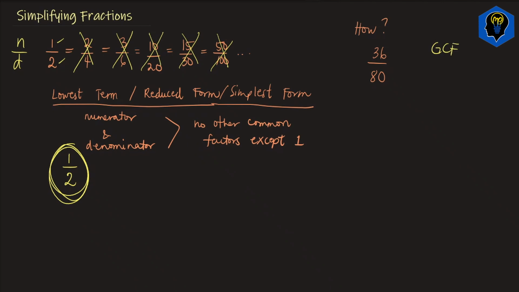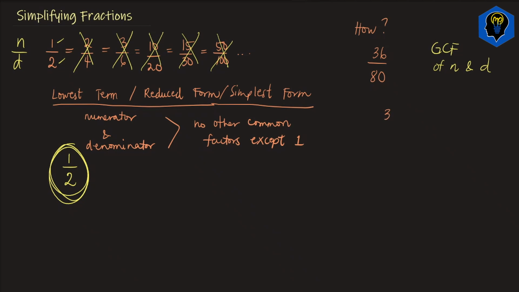If you want to review, we have a video on that, how to get the greatest common factor of 2 or more numbers. So, isang fraction lang to. Anong kukuhanan natin ng GCF? So, this time, we're going to get the GCF of the numerator and the denominator.